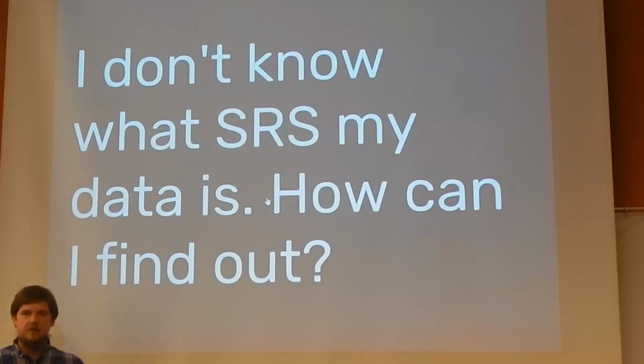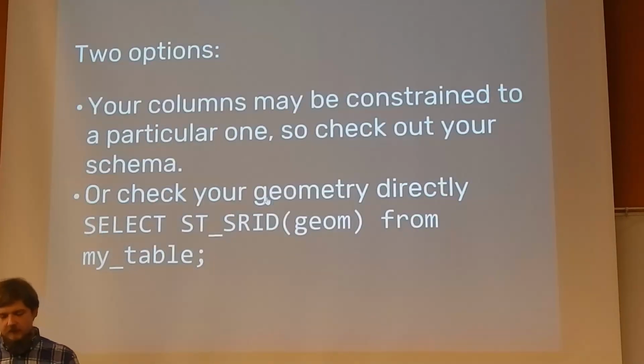So if you're working with a Postgres table and you don't know what the SRS of your data is, how can you find out? You have two options. The first, most obvious one is just look at your schema. Your column almost always has a constraint of the actual type, whether it's polygon, point, multipolygon, whatever, as well as whether it's geography or geometry.